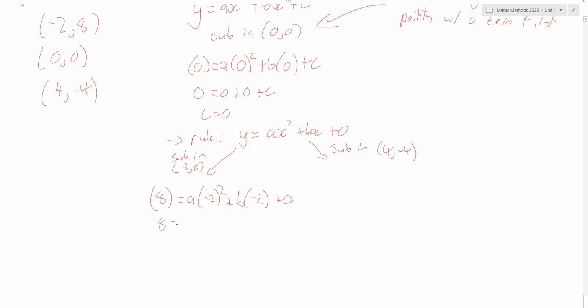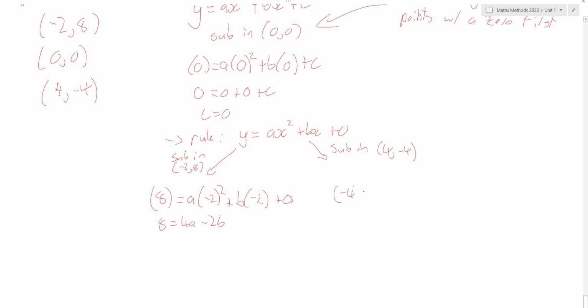So let's evaluate this. 8 equals -2... Sorry. What's negative 2 squared? Positive 4. So 8 equals 4a minus 2b. So there's not much we can do with that now. So let's pop on over to this other sub in. This time I'm subbing in 4, negative 4.